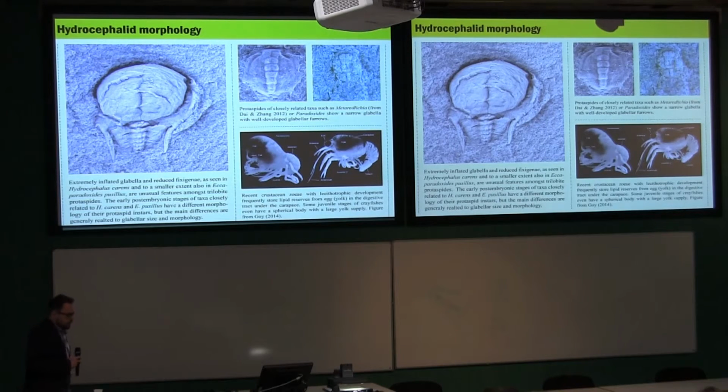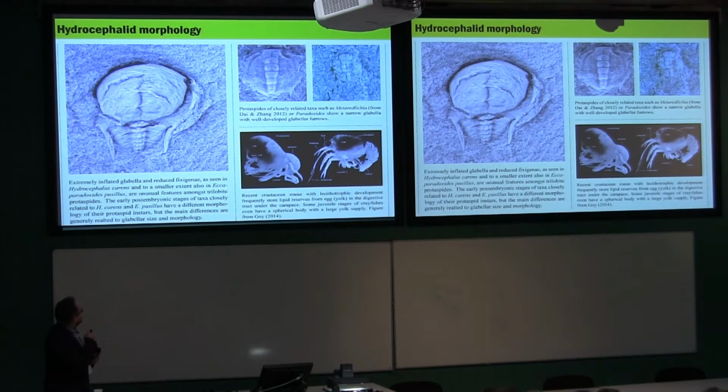The third piece of evidence is something we called hydrocephalid morphology. You can see, as I already said, that these stages of Hydrocephalus have a very large circular glabella. On the other hand, closely related species like Paradoxides or some other trilobites have a very narrow, well-furrowed glabella that is not inflated.